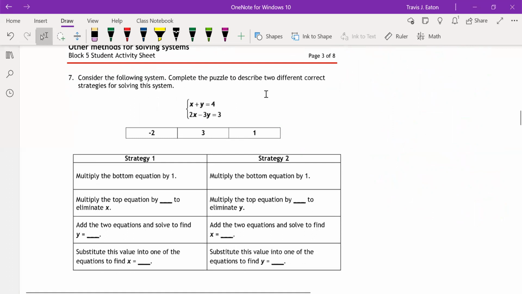Consider the following system. Complete the puzzle to describe 2 different correct strategies for solving the system. So looking at these strategies, you have these 3 number choices to plug into these spots. So what I'd like you to do is stick with this strategy, see what you need to do, and then move over to the other strategy. What would you do in this one? Do your best to fill this in before our next lesson tomorrow.